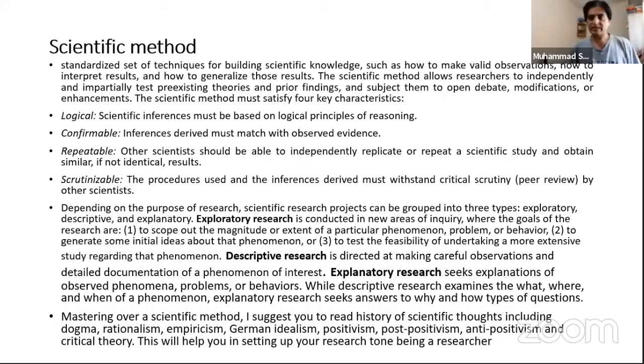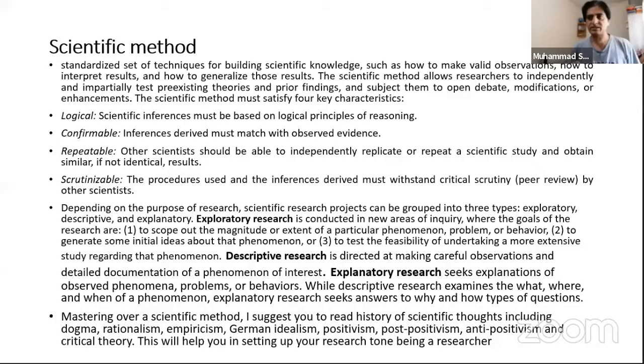Coming towards descriptive research, it is directed at making careful observation and detailed documentation of a phenomenon of interest. And explanatory research seeks explanation of observed phenomena, problems, or behavior, while descriptive research examines the what.